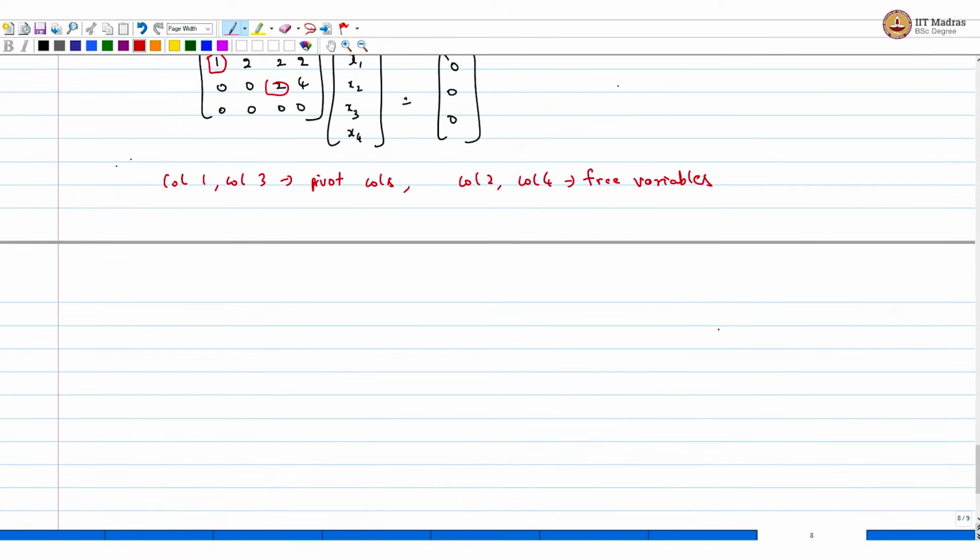And here is the procedure. The way you go about figuring this out is you take the free variables and set them to basis entries. So x2 equals 1, x4 equals 0. If you solve the system, what you get is 2x3 plus 4x4 equals 0, which implies x3 equals 0 because x4 equals 0.